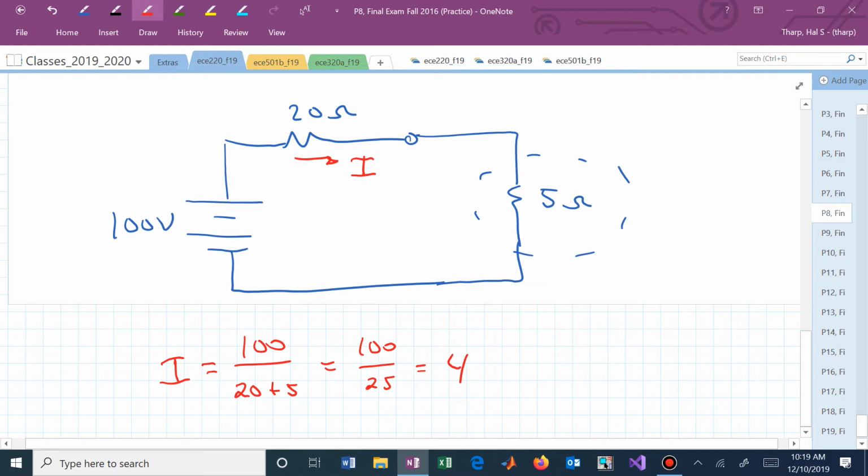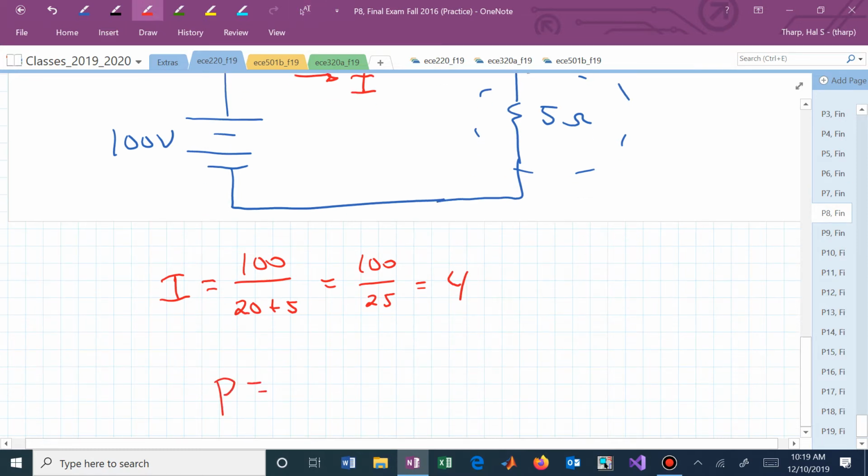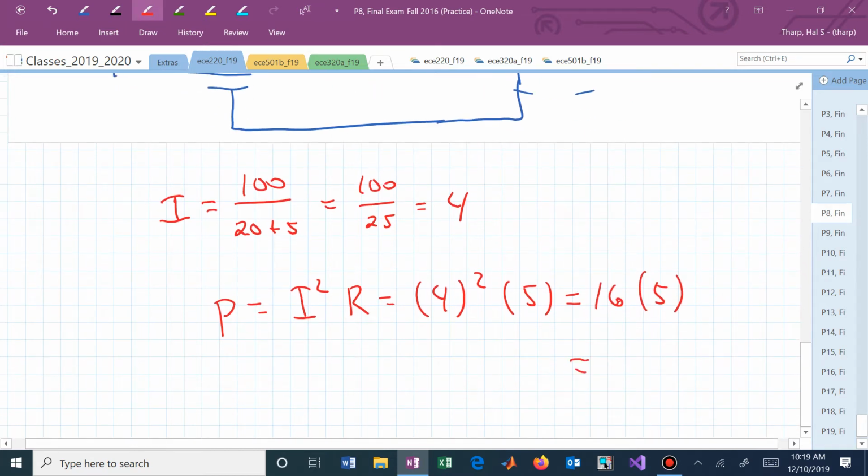So our current is 4. We now have the power, P, is I squared R. So we have 50 plus 30, or 80 watts. Hopefully that's one of the answers.